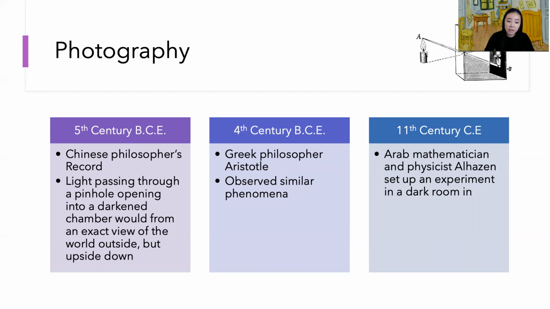And early in the 11th century, the Arab mathematician and physicist Alhazen set up an experiment in a dark room in which light from several candles passed through a pinhole in a partition, projecting images of the candle flames onto a surface on the other side.